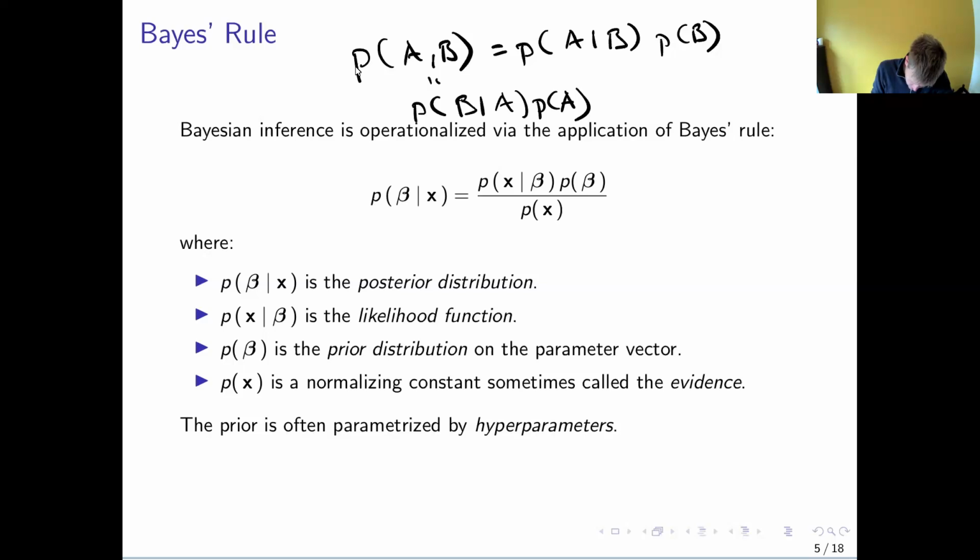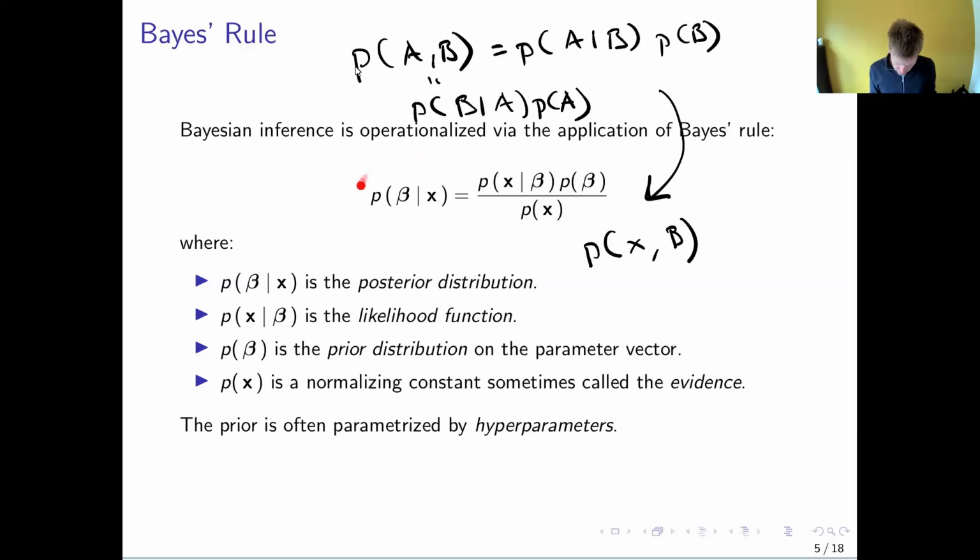From this, I immediately obtain that, where this particular one would be the joint distribution over my count data X and my parameter vector beta. You can apply this formula to the joint distribution over the data and the parameters.